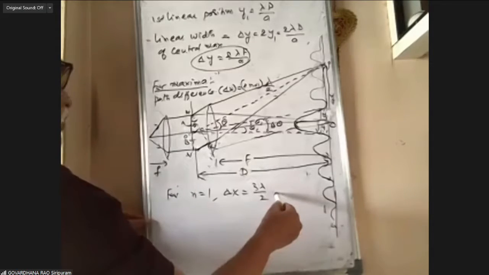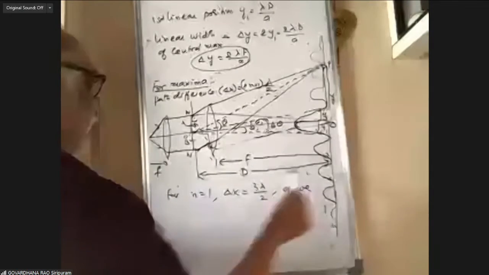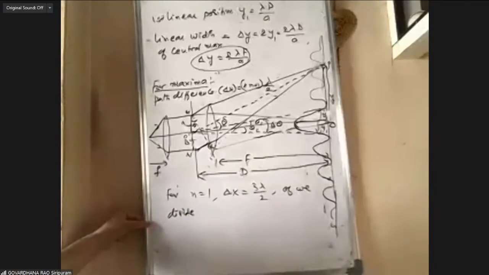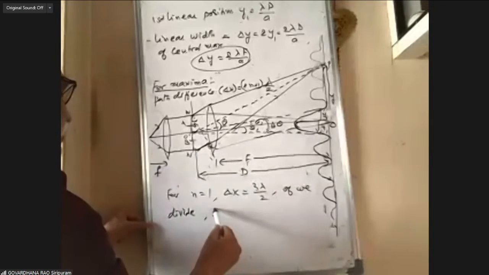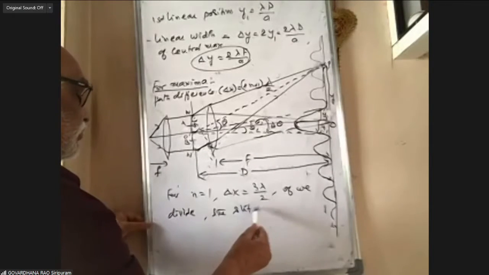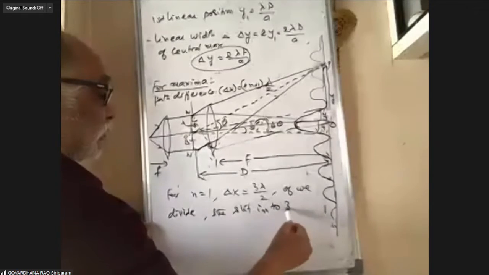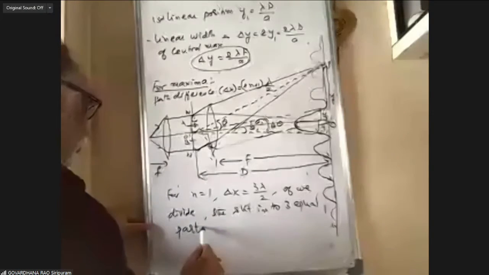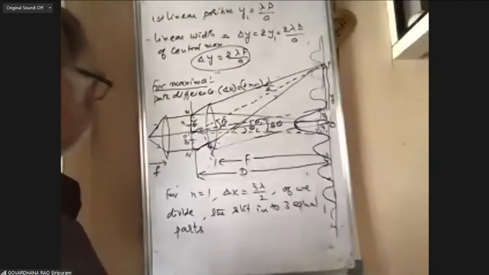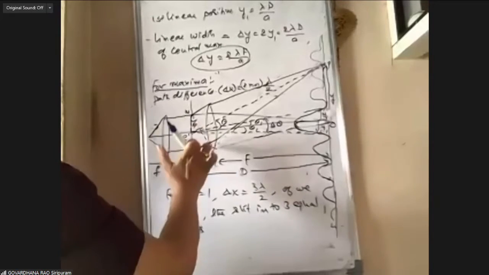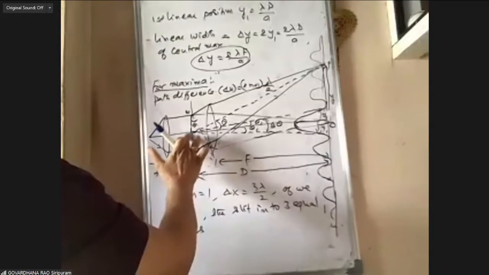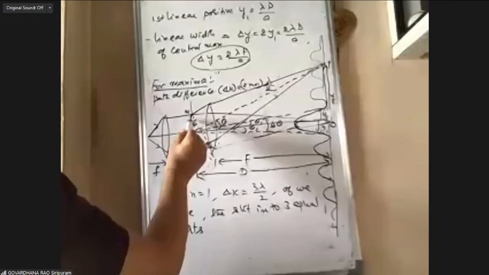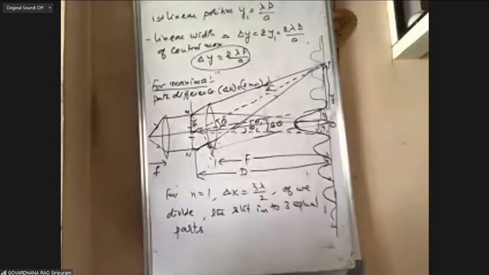Even though, if we divide the slit into 3 equal parts, A by 3, A by 3, A by 3.